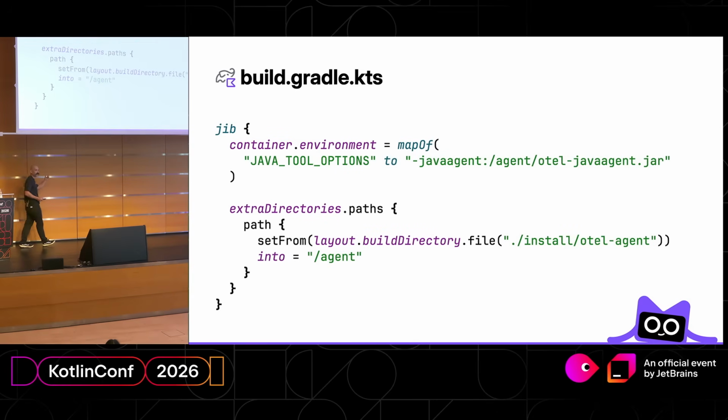And you can use the Jib Gradle plugin to do any additional configuration you want to your container. And in this case, I have a simple example where I'm setting up the OpenTelemetry Java agent to automatically instrument our Ktor service and any dependencies that we might have that need to be instrumented. Right? So this makes sure that we can have zero configuration OpenTelemetry support.